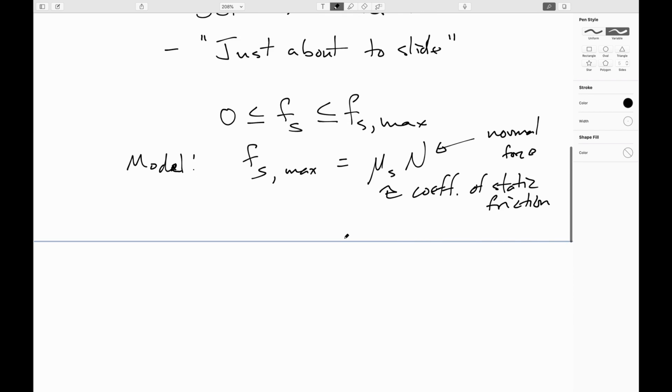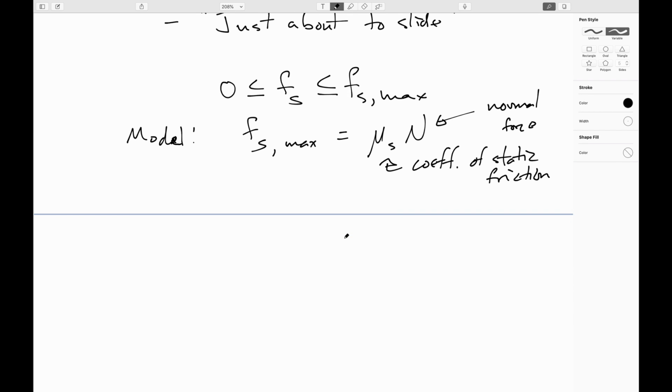Okay. So these coefficients can be looked up in tables. Typical values for the coefficient of static friction depend on what the materials are, but just to give you some sense of things, most of the time you'll see values of mu(s) ranging between about 0 and 1.